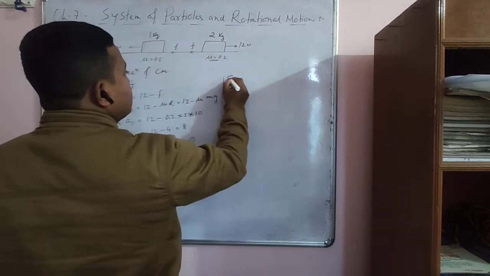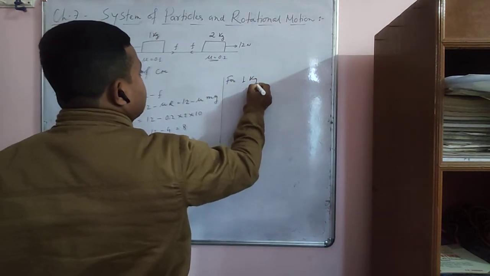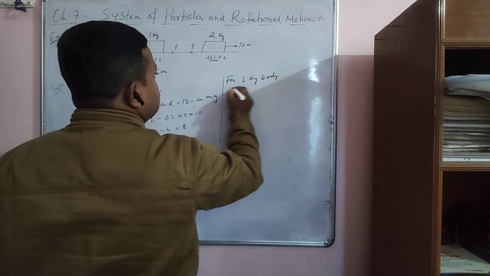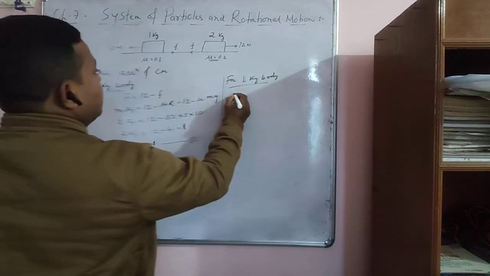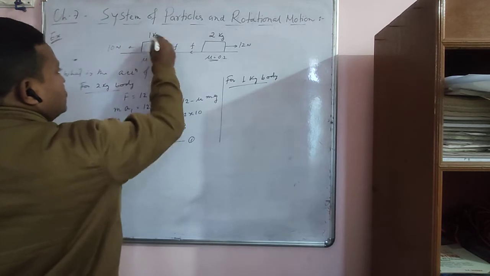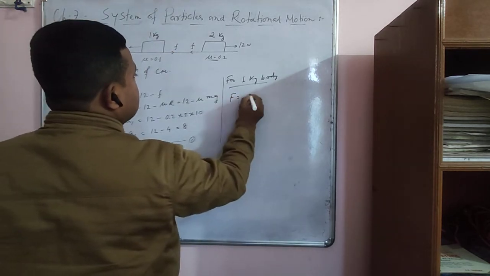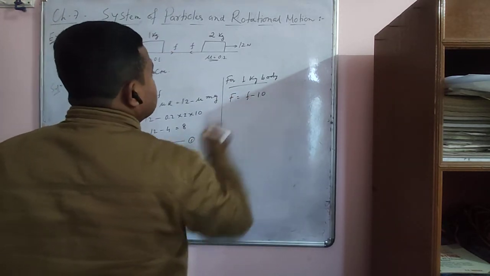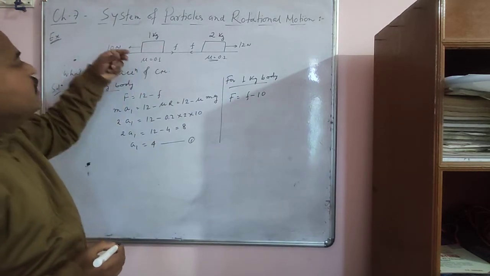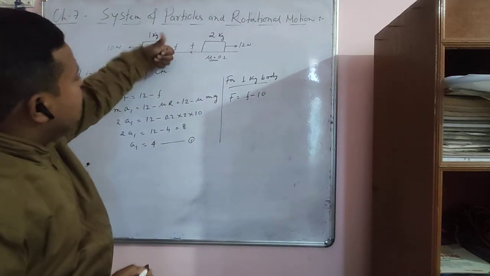For the 1 kg body, you take the net force. F is equal to F minus 10. I have taken F minus 10 because I am taking this direction as positive and the other as negative.